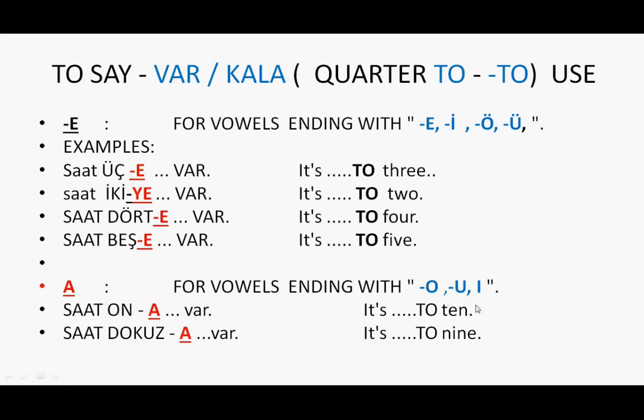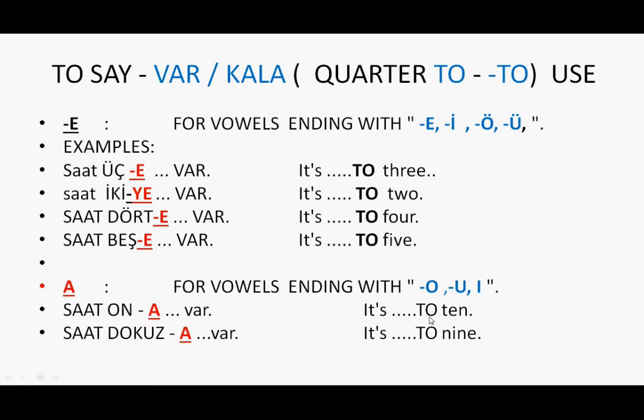Okay, I will say them in Turkish letters actually. A, I, O, U. If any words finish with these vowels, we complete this with a suffix which is A. Okay, A. For example, saat 10 a blah blah var.